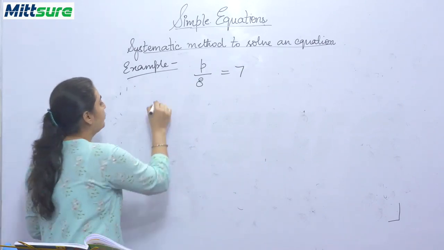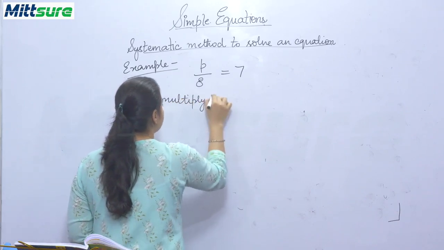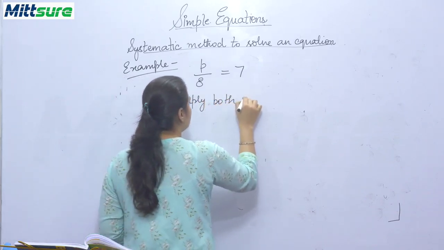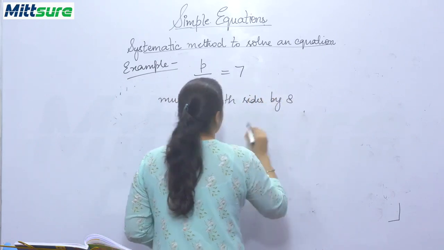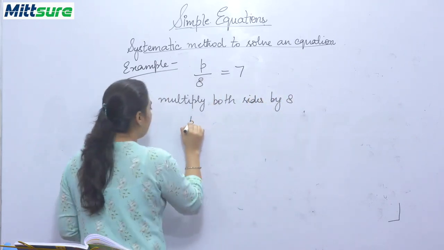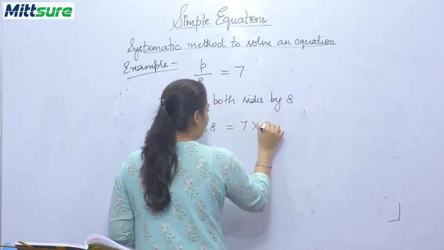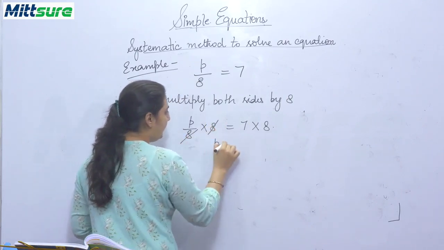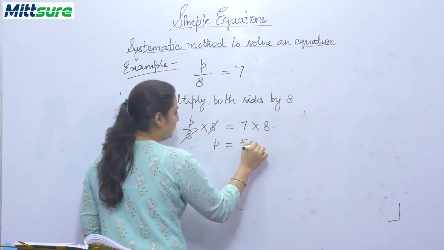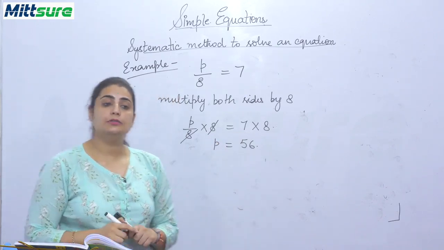I will multiply both the sides by 8. P upon 8 multiplied by 8 equals 7 multiplied by 8. 8 got cancelled by 8. P is equal to 56. That is the value you have got. P is equal to 56.